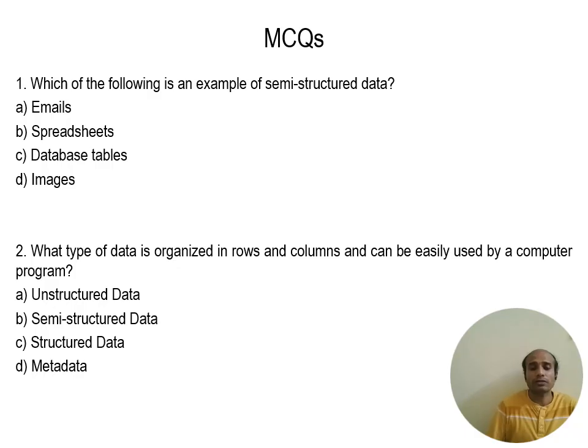It's not completely unstructured or extremely structured. So emails are semi-structured. The next question is: what type of data is organized in rows and columns and can be easily used by a computer? The options are unstructured data, semi-structured data, structured data, and metadata.